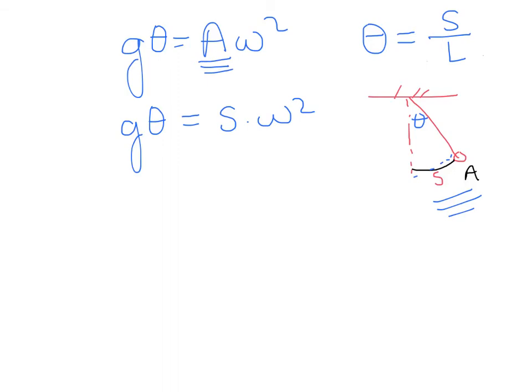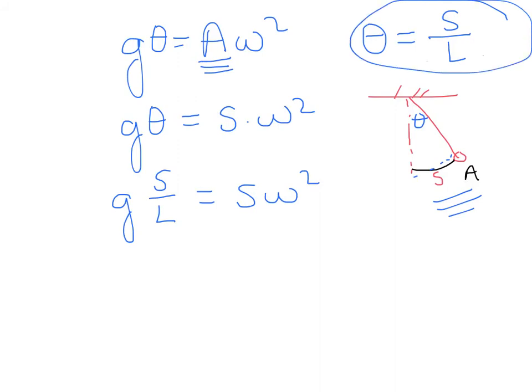So I've got g theta equals s omega squared, and I'm going to replace theta on the other side with s over L. So I'm using the approximation up here in the right-hand corner and putting that in there.